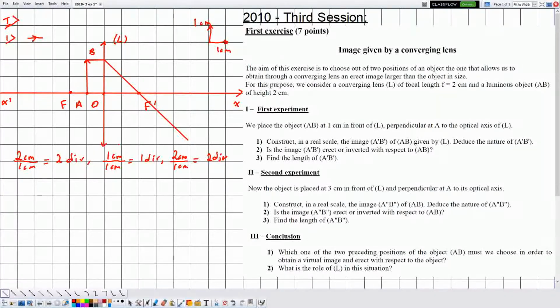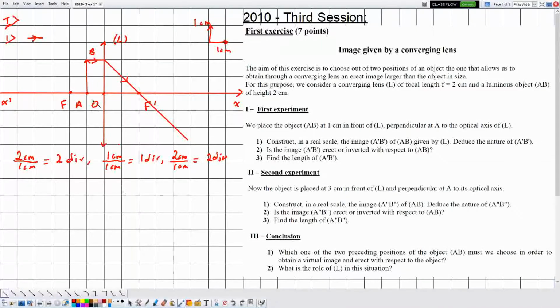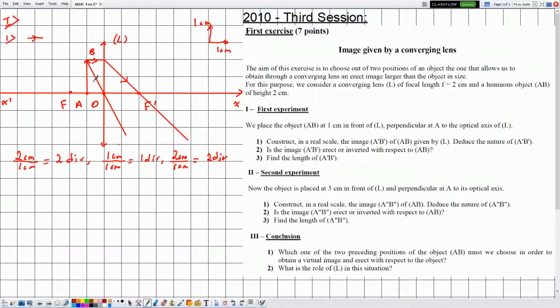And we don't forget arrows on light rays. The next ray that we will consider is passing through the optical center. We know that it will emerge without deviation. Okay, now we have done the tracing of the rays. Let's justify.